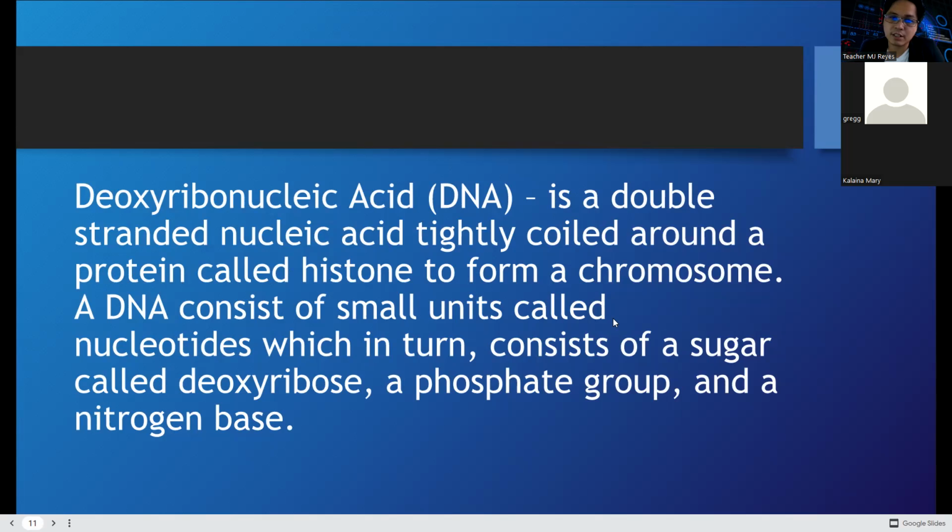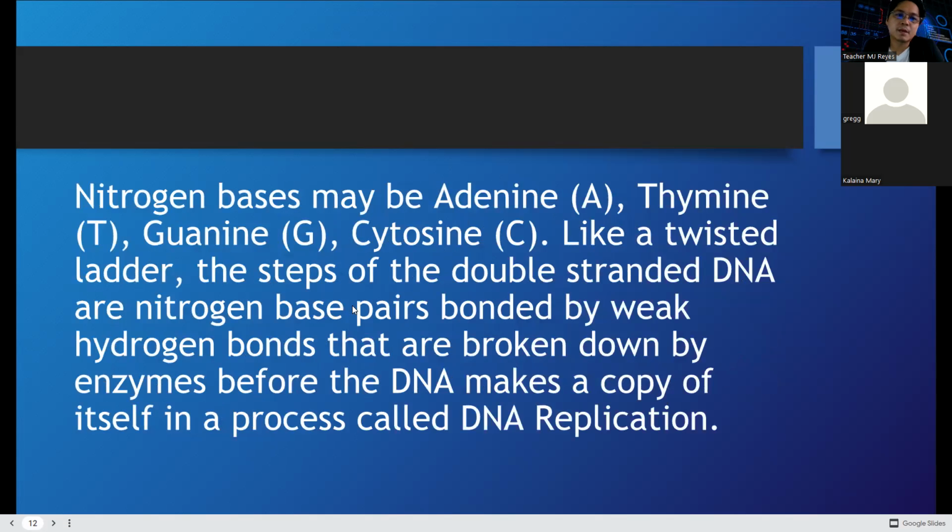It is composed of deoxyribose sugar, a phosphate group, and nitrogenous bases. Nitrogen bases may be adenine, thymine, guanine, and cytosine.